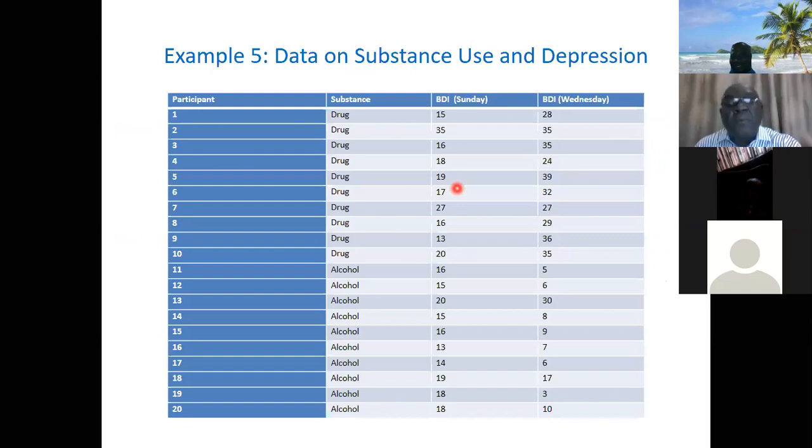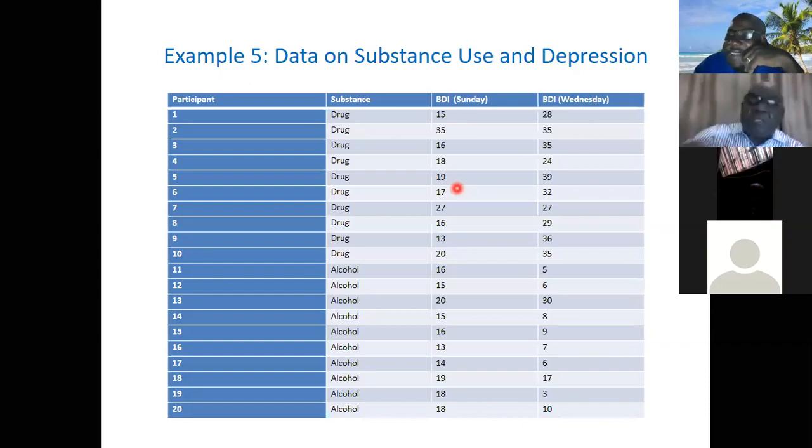Drugs on top, 1 to 10, then alcohol 11 to 20. This is just an arrangement of how you enter it into SPSS or in a table. That numbering has nothing to do with rank.